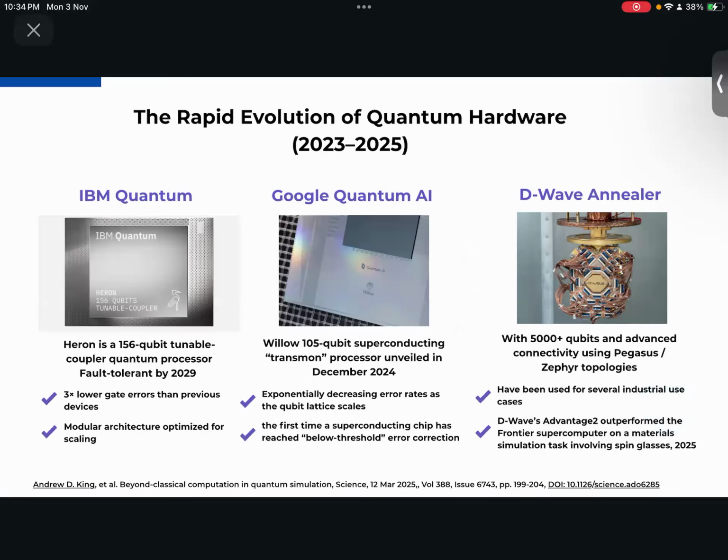So with the rapid evolution of quantum hardware, I'm assuming that you already had a brief introduction about what quantum computing and quantum hardware are. But just to recall, quantum machines are a new type of computer that are slightly different from classical computers, where instead of having the smallest processing unit as a bit, you perform calculations on something called a qubit, or quantum bit. And qubits are really powerful.